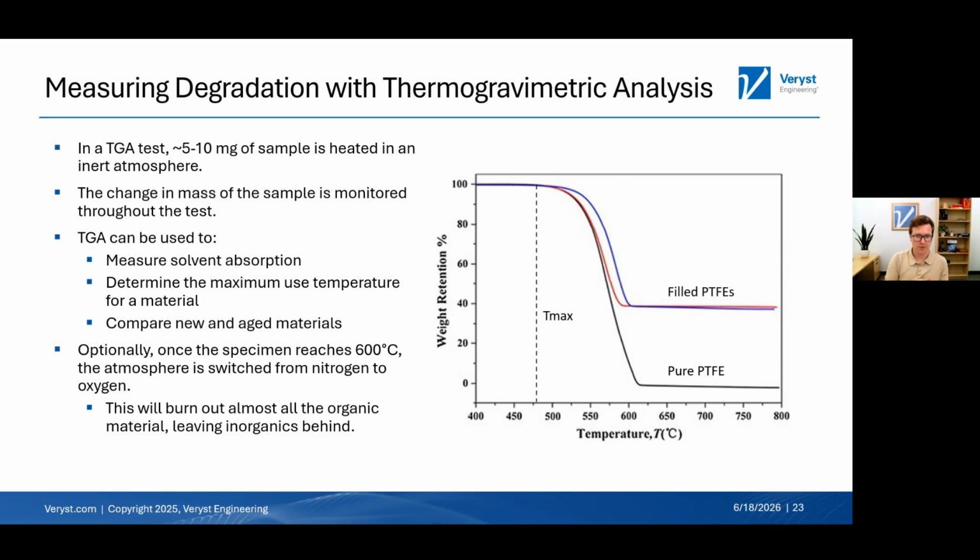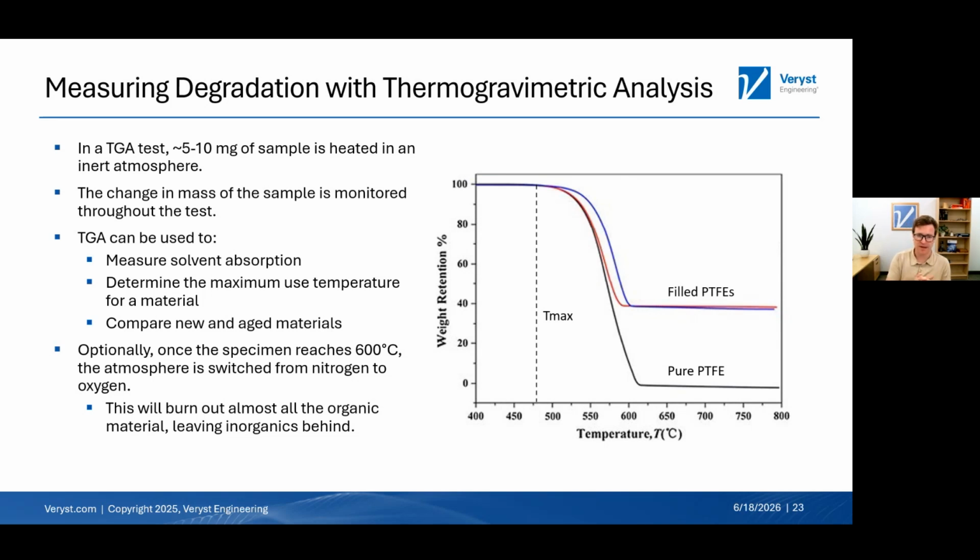What you might be concerned about is the off-gassing of low molecular weight components, typically things like additives or plasticizers. If you see significant mass loss at lower temperatures, that allows you to set an upper limit temperature for your material that maybe you wouldn't have seen in some other characterization method.